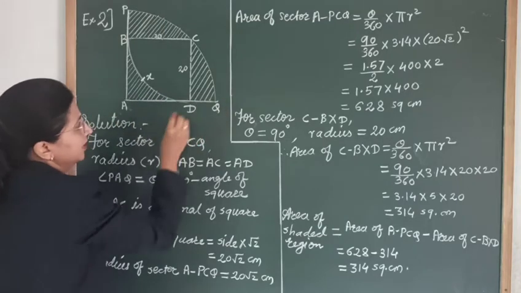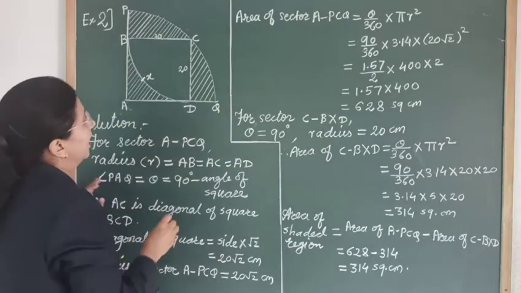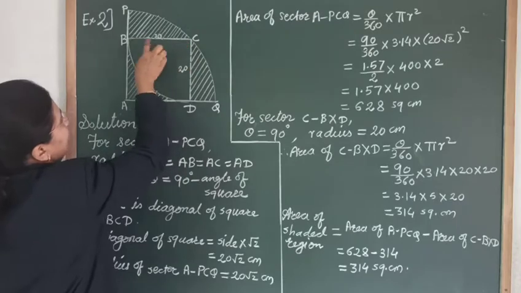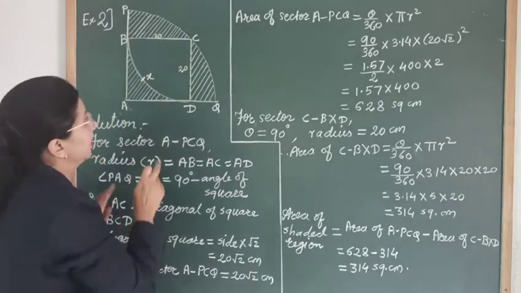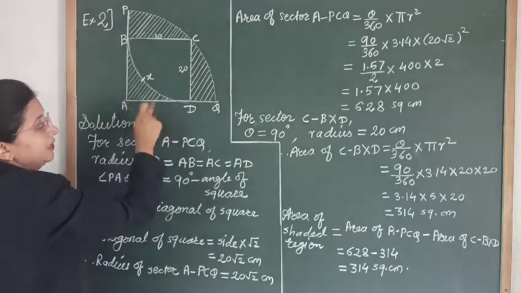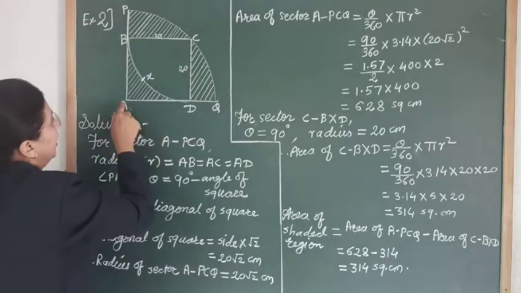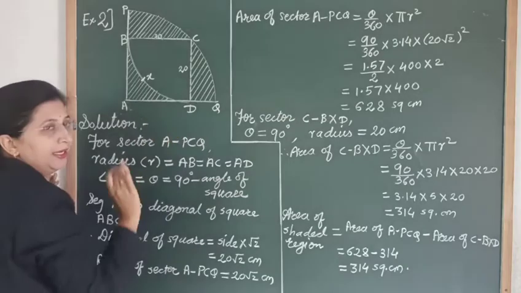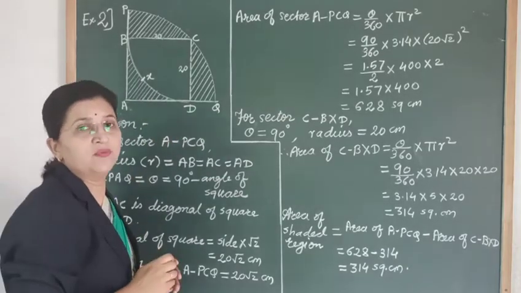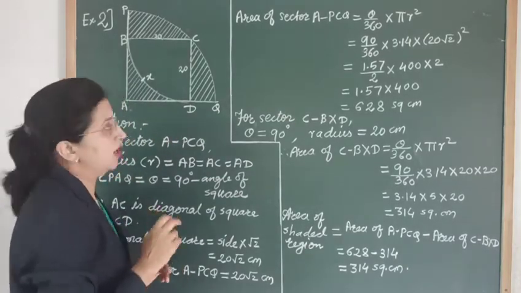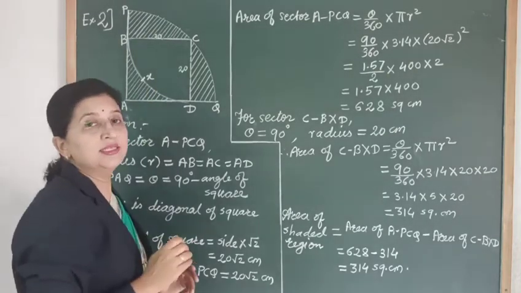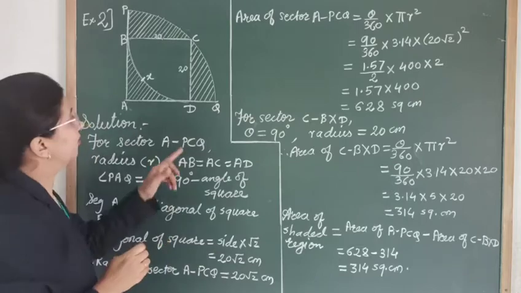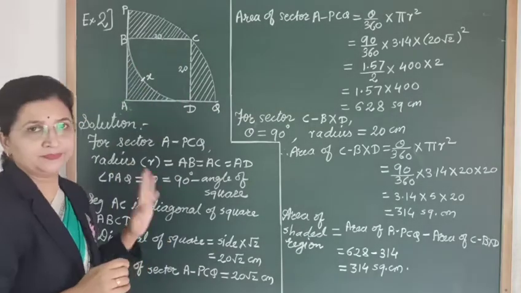This is the big one, and another sector is C-BXD. And there is a square in this larger sector, square ABCD. We are given the radius of the smaller sector, that is 20 cm, and we are asked to find the area of this shaded region.